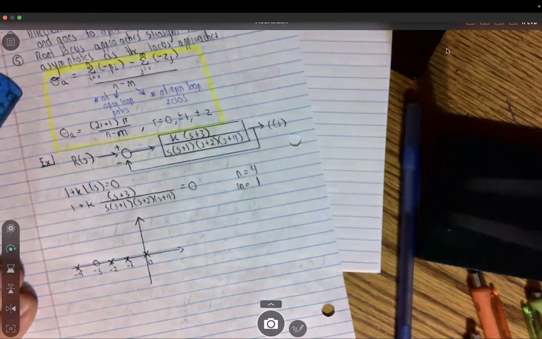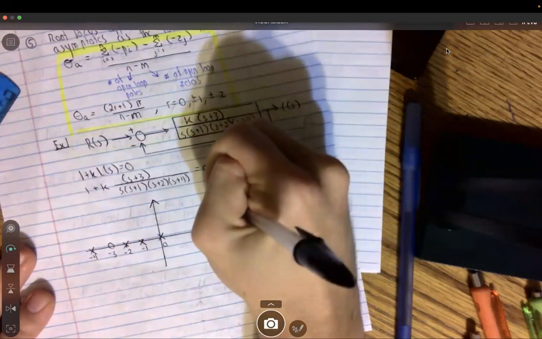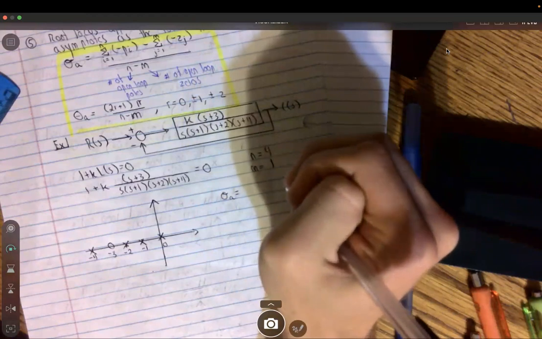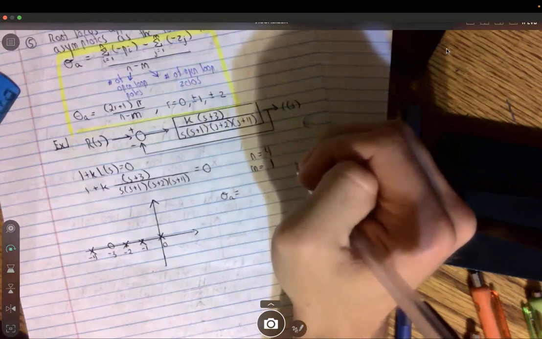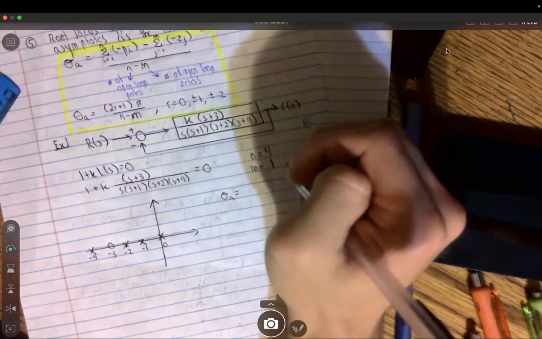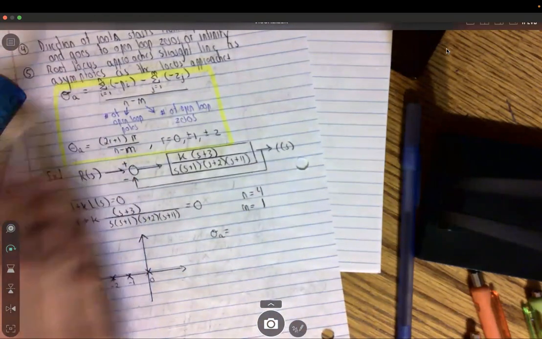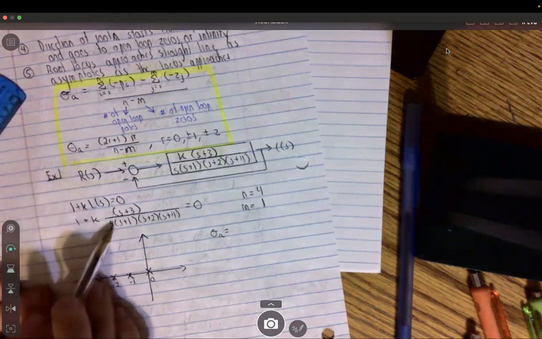Okay. Now that we have that, our sigma a, which is the asymptote, basically determining the value where the asymptotes are going to occur, all of them, it's going to be the summation here of our poles. And so the summation of our poles here, notice that we have a pole at 0.